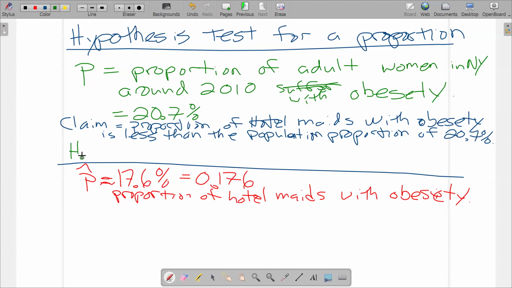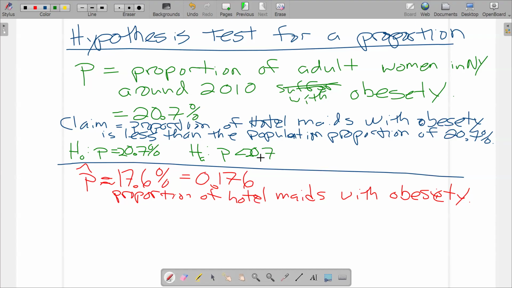So typical null hypothesis, the proportion is 20.7. Alternative hypothesis, proportion is less than 20.7. And I've got to state a percent, so either you have to state the percent symbol or state it as a decimal. Typically, we'll state it as a decimal if you look at the book and the homework problems.